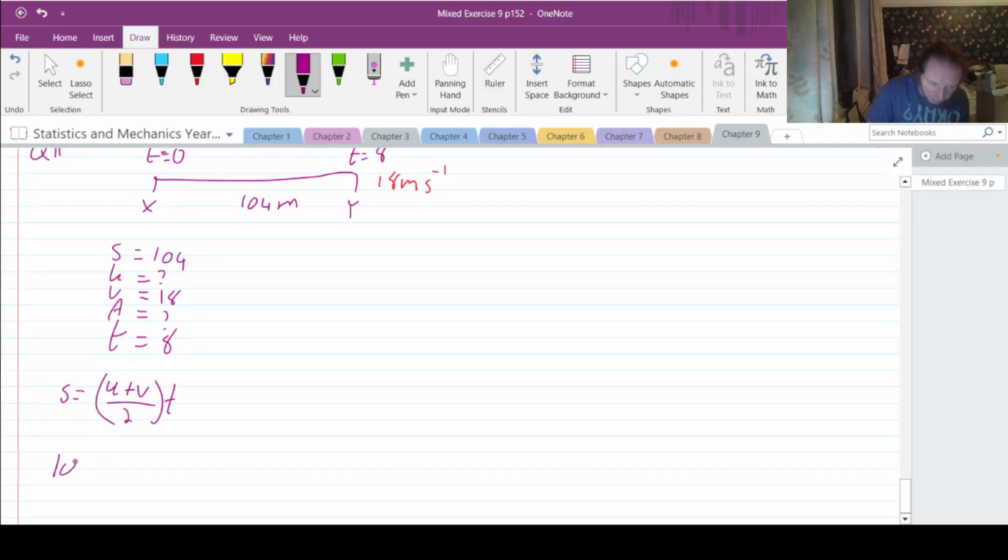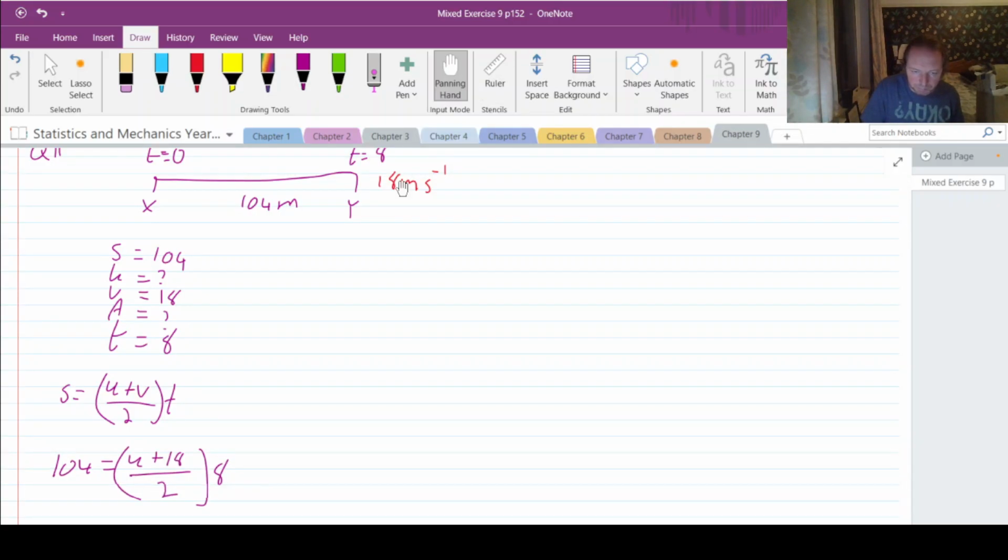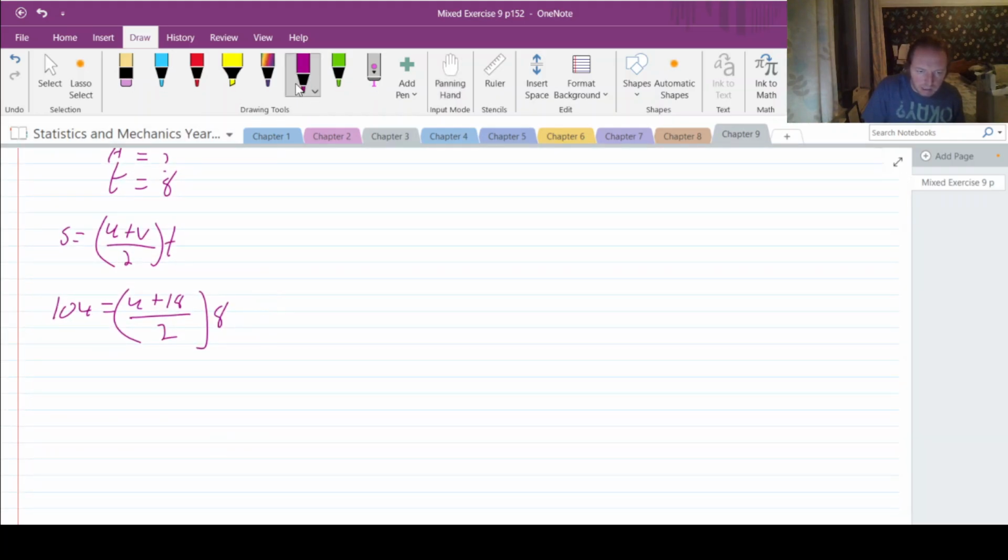So 104 equals u plus 18 over 2 times by 8. So 104 divided by 8 gives me 13. 13 equals u plus 18 over 2.